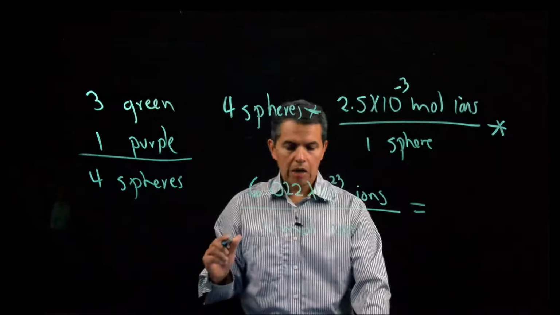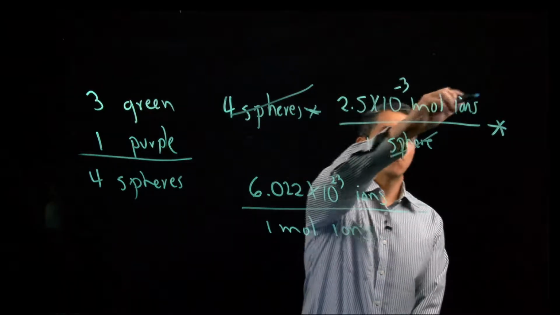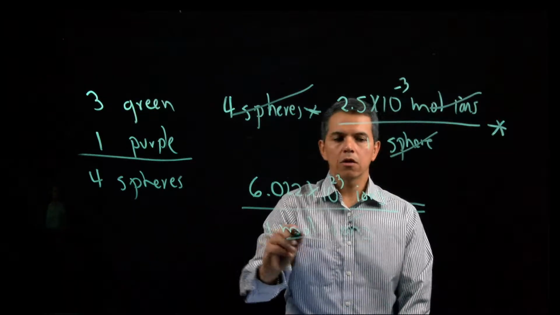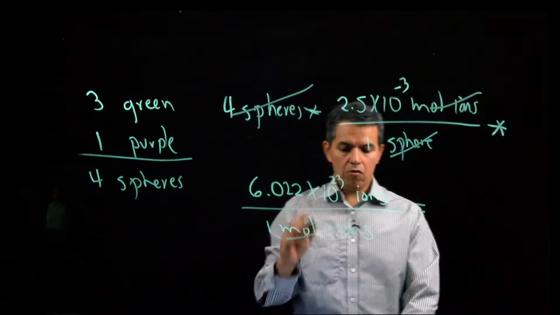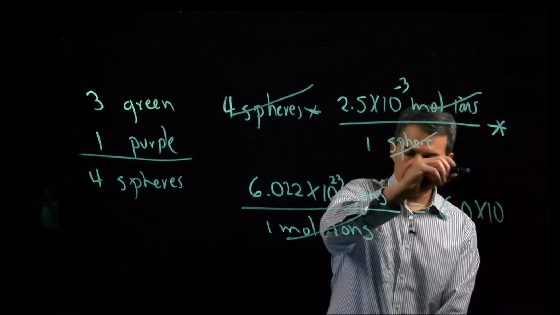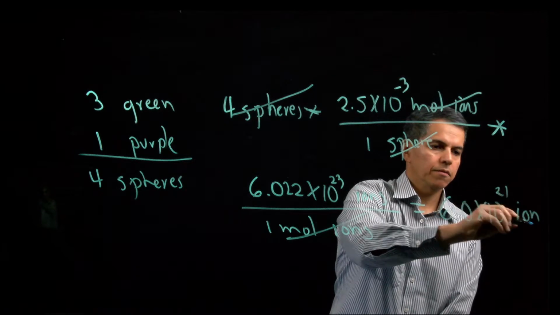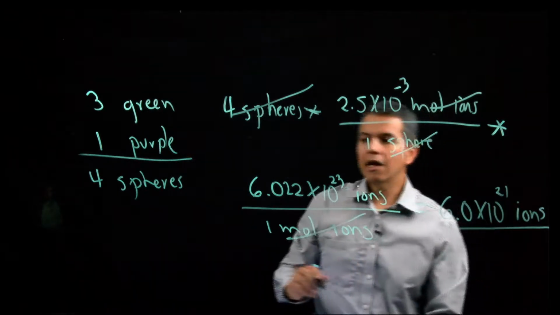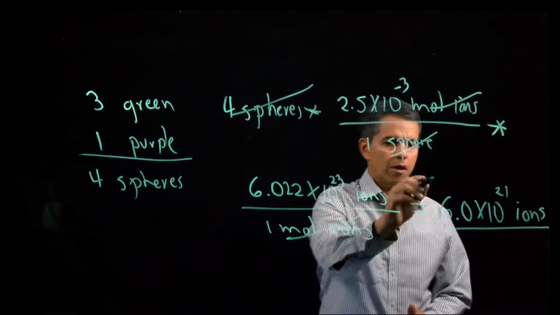So let's check out the dimensions. Cancel out spheres with spheres, mole ions with mole ions. And if we do this mathematics, the answer would be 6.0 times 10 to the 21 ions that are left in solution in this particular problem. And this is the answer to part B.